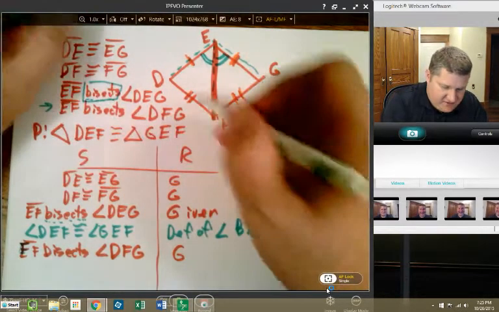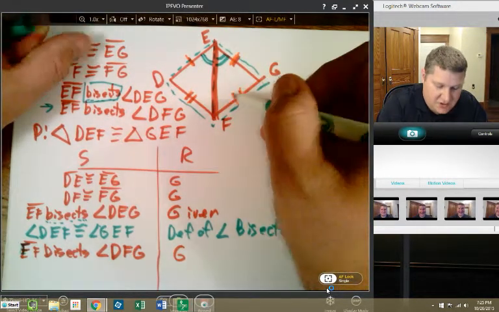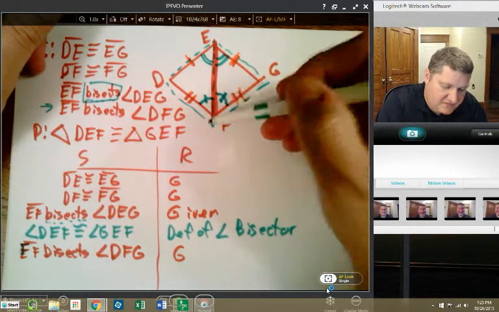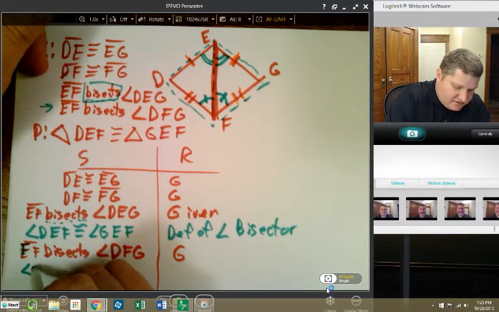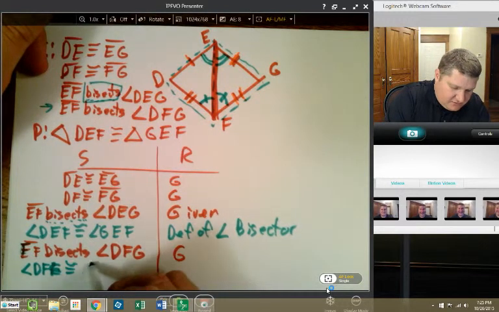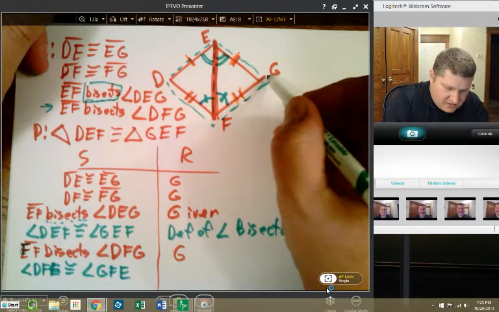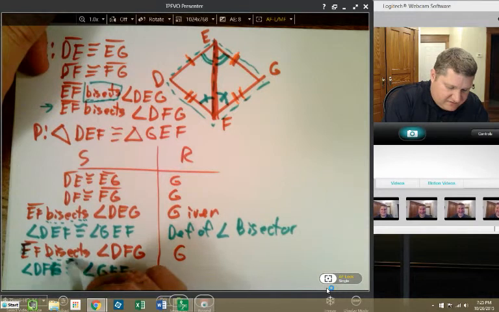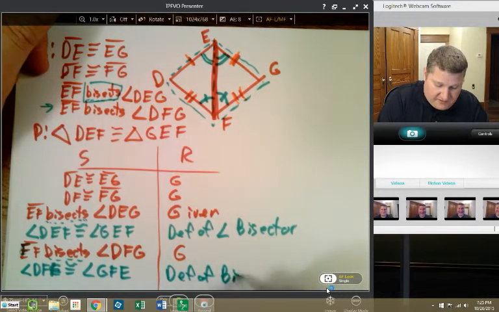I make two congruent angles. Now, folks, this is congruent to this, but that does not mean it's congruent to the ones above it. The best I can say is that angle DFE is congruent to angle GFE, by definition of bisects.